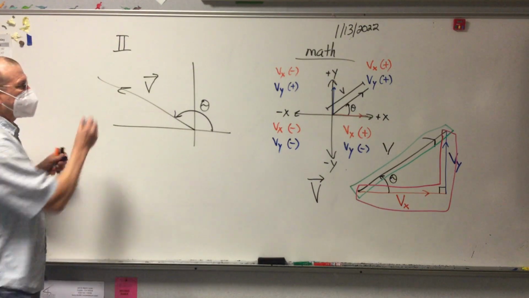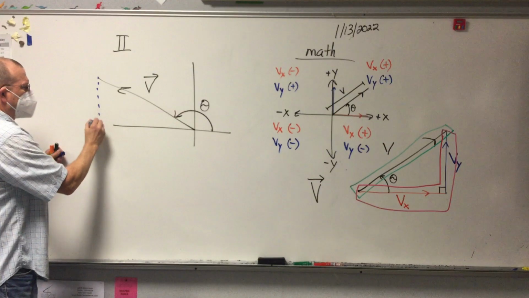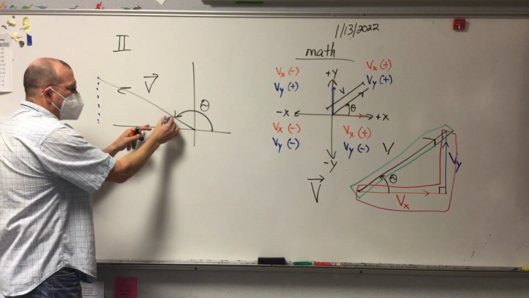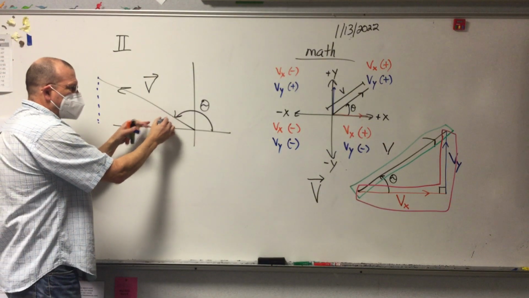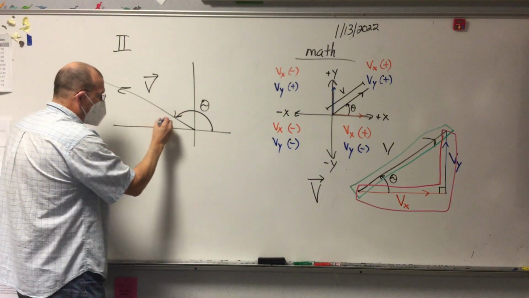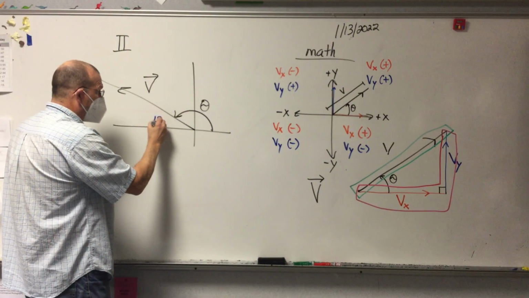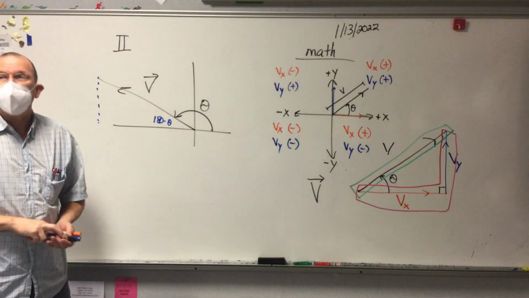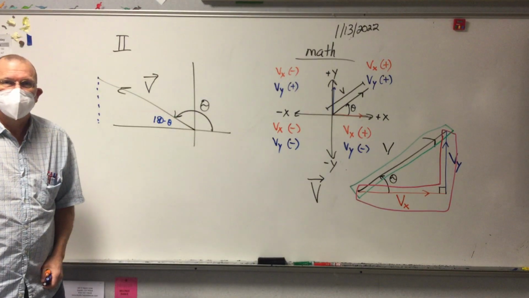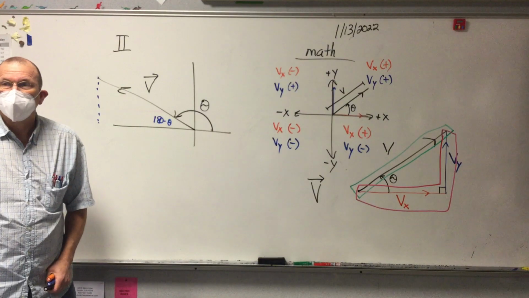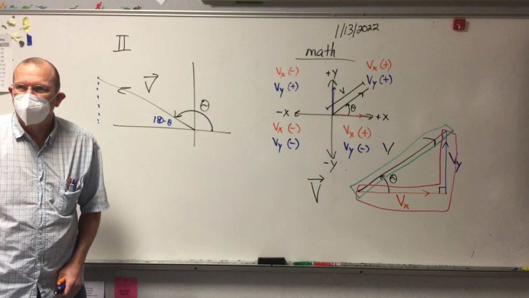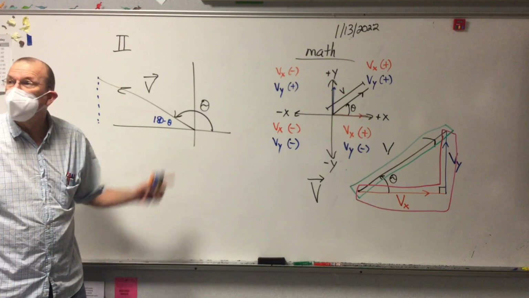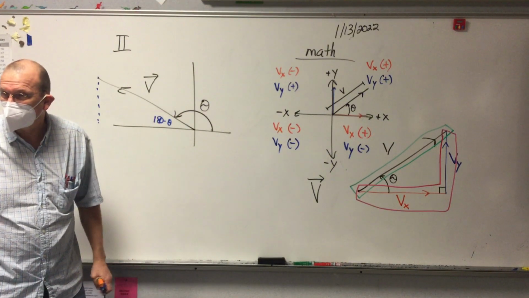That's where they say, draw an angle here, and then use 180 minus theta, and then start to do your sine and cosine. Okay? Never do that. Okay?